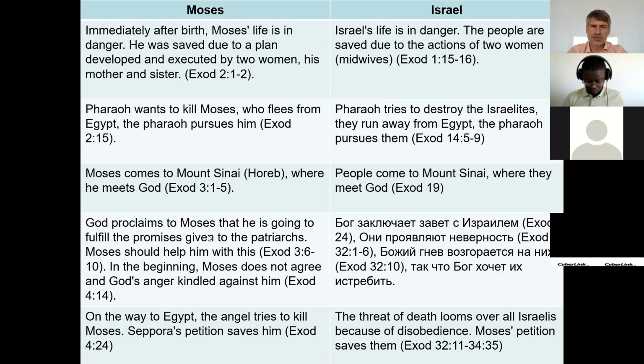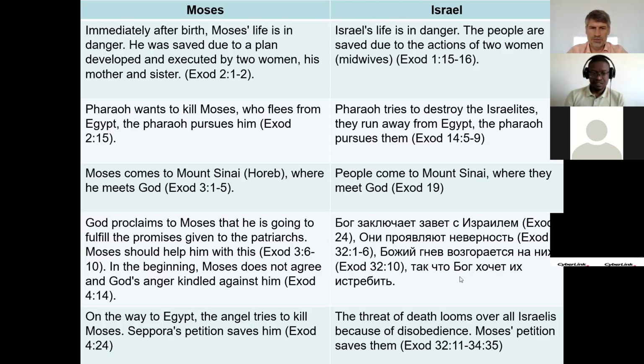God proclaimed to Moses that he is going to fulfill the promises given to the patriarchs. Moses should help him with this. In the beginning, Moses doesn't agree, and God's anger kindled against him. Oh, sorry, I have something in Russian here. I forgot to translate. So the same, God made a covenant with Israel. They are not faithful, and God's anger is kindled against them.